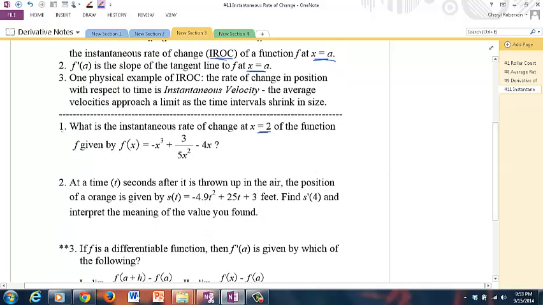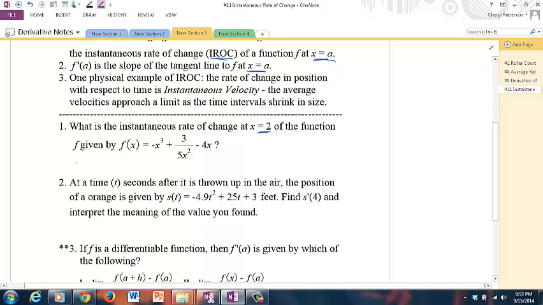So number 1, what is the instantaneous rate of change at x equals 2 of the function f given by, and notice we have this f of x value here. Since we've talked about the power rule, we should be able to go through and rewrite some parts of this function and then find the derivative.